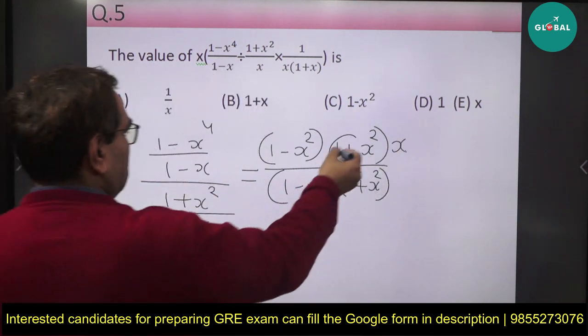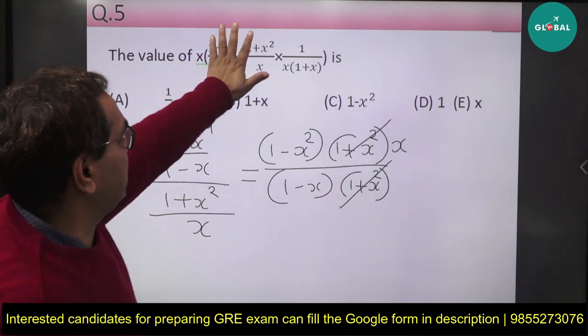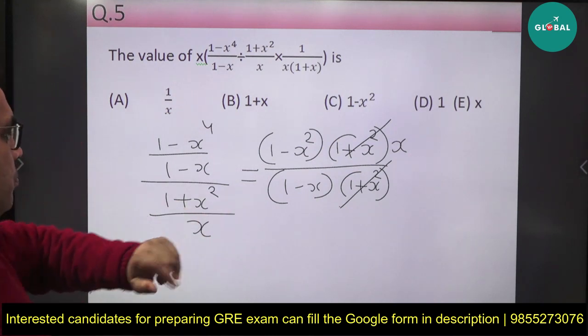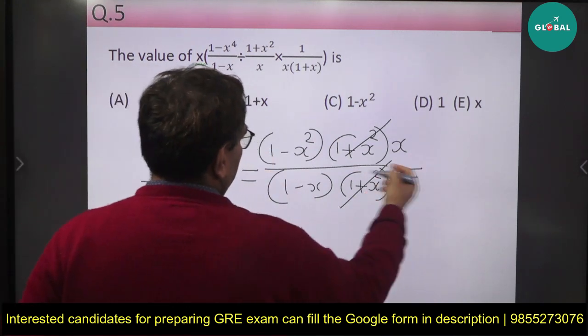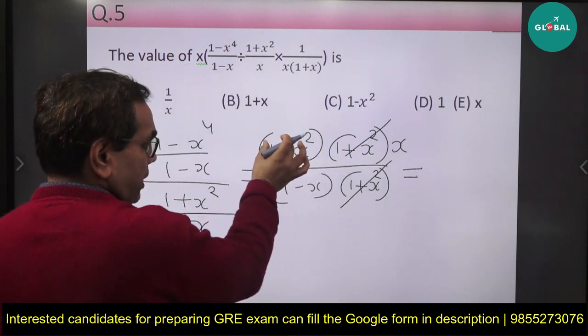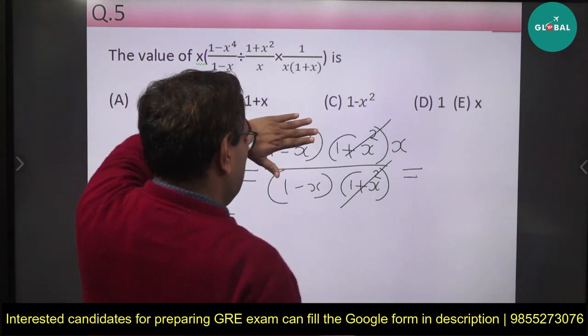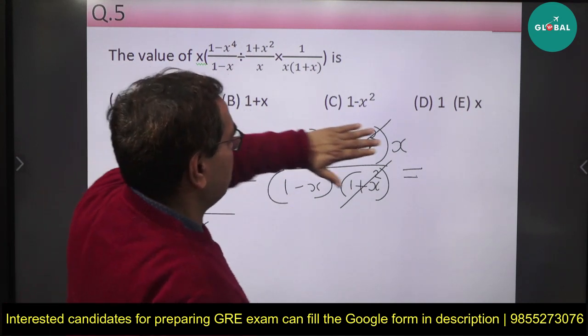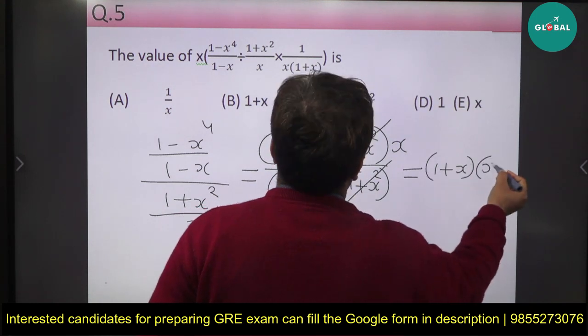Now we can cancel out the common factor. So on simplification, this is the resultant. Now again let us factorize this. So a square minus b square identity, that is a minus b into a plus b. So 1 minus x cancelled, so we get 1 plus x into x.